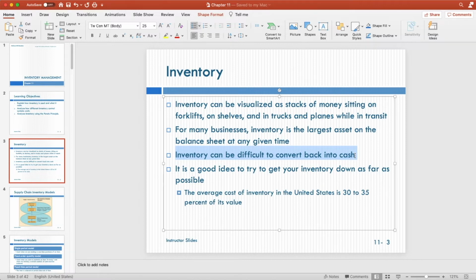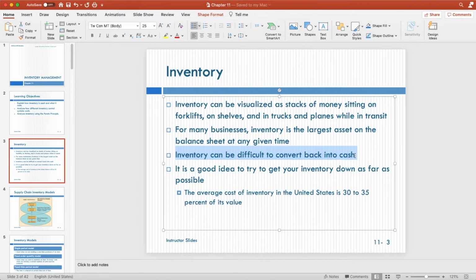Basically you get some new cash flow in order to smoothly repeat this whole production process and even improve and expand your production level. So the conversion of inventory back to cash flow is quite important, but sometimes it's very difficult.